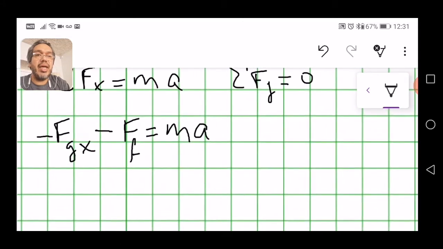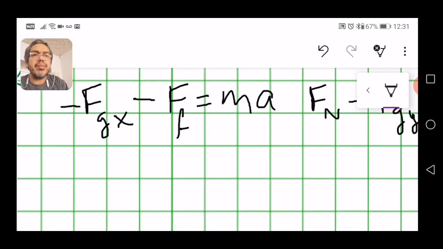And on the other hand, the normal force, which is in the positive y direction, minus the y component of the weight is equal to 0. Then you can start working a little bit of your algebra.